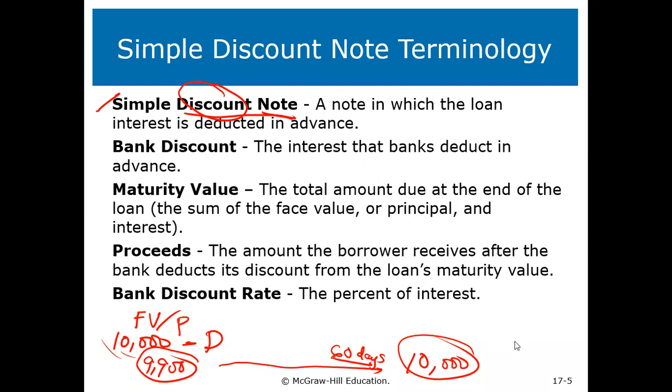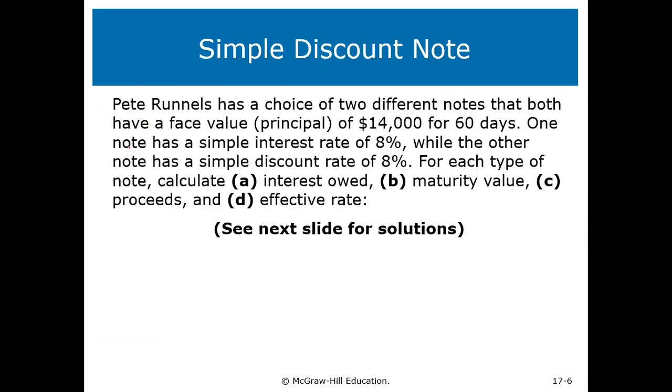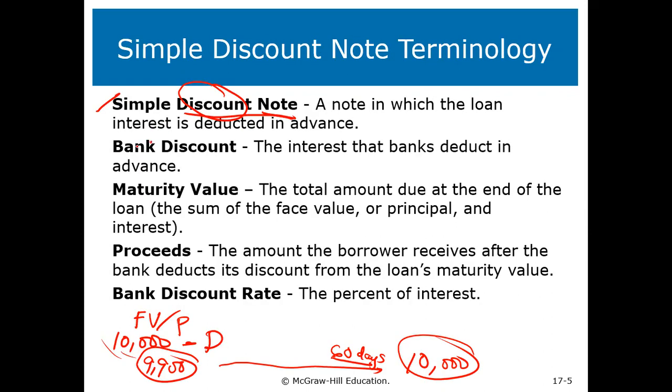So that's the difference in this transaction. The bank discount is this amount, in this case 100. It's the interest that the bank deducts in advance.